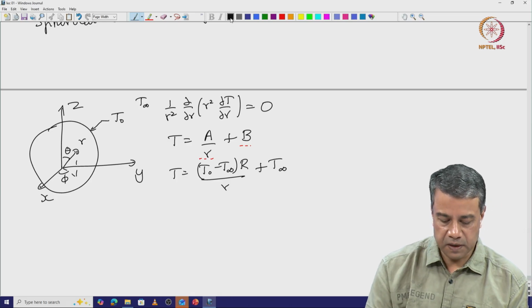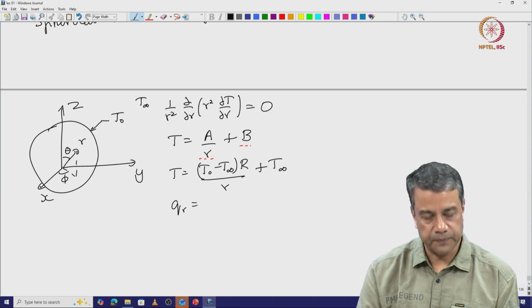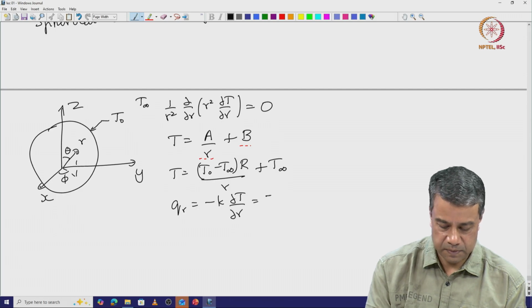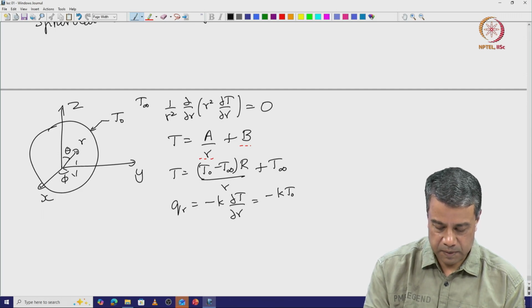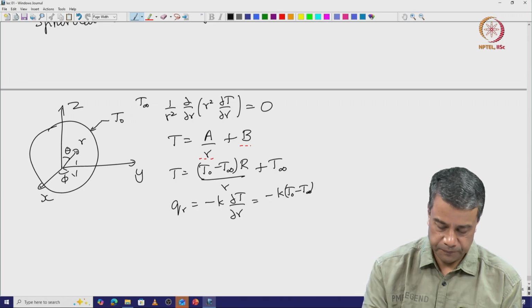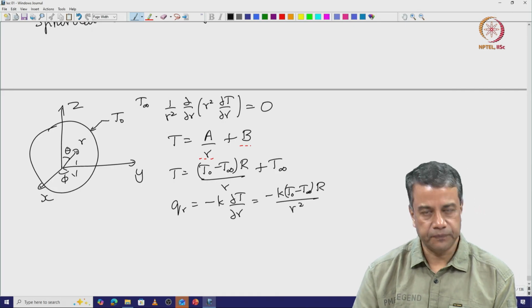So, for the temperature field outside the sphere, we can get the radial flux as minus k partial T by partial r, which is minus k (T naught minus T infinity) R by r square.